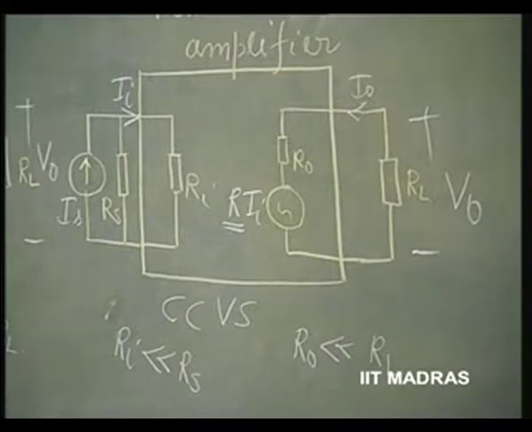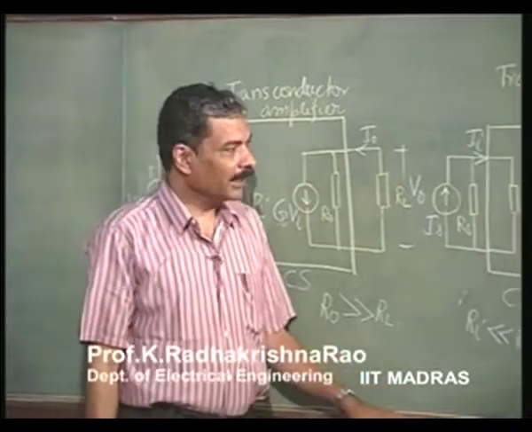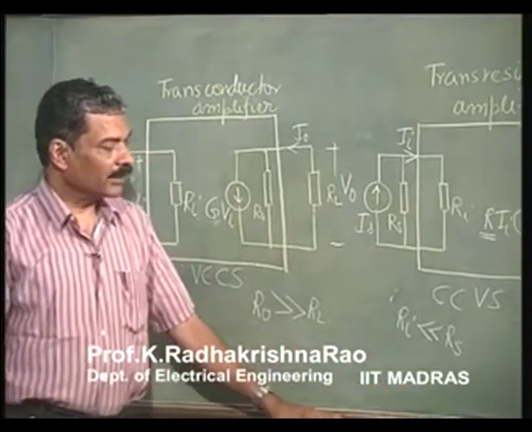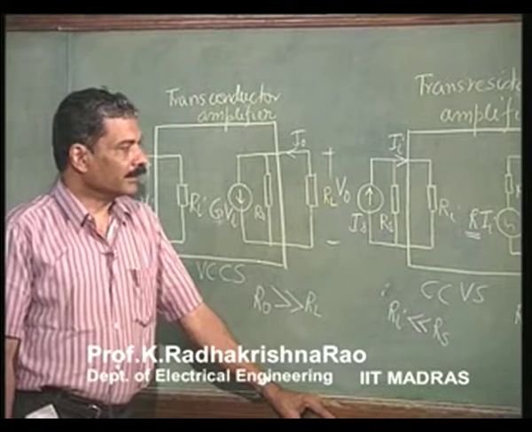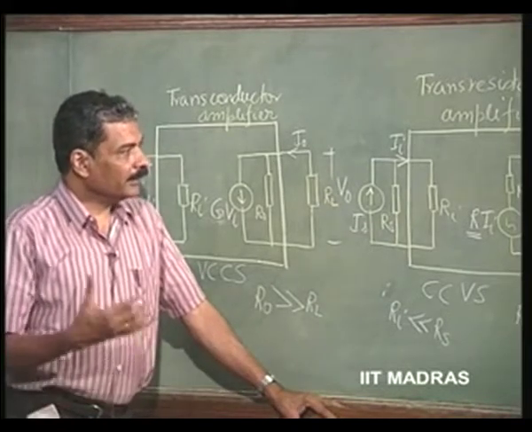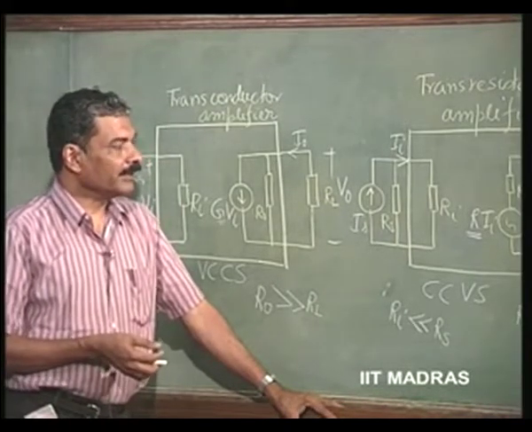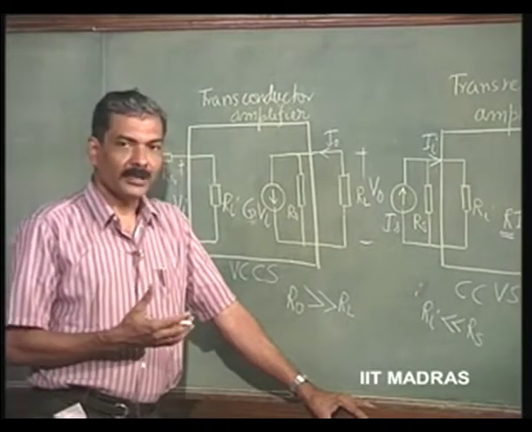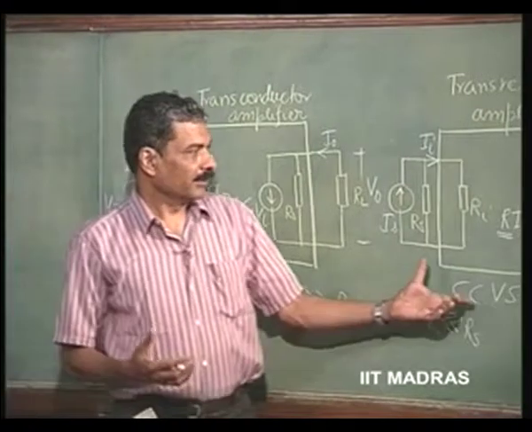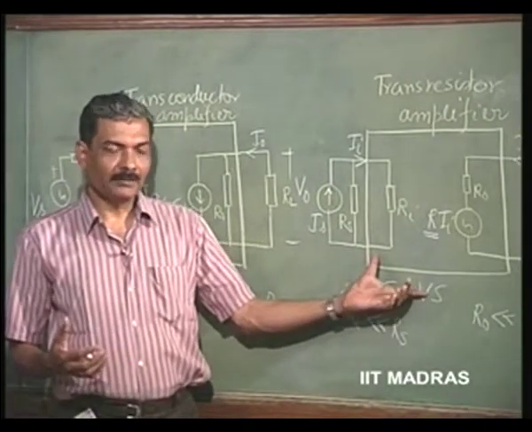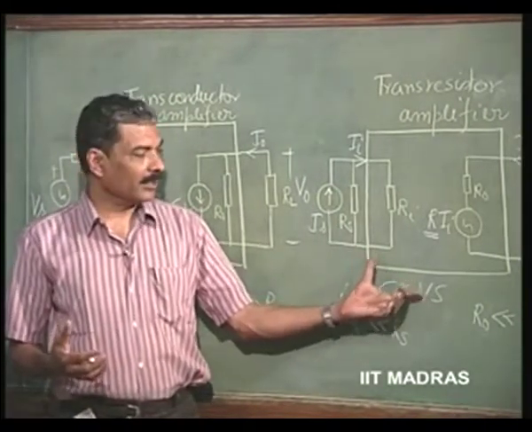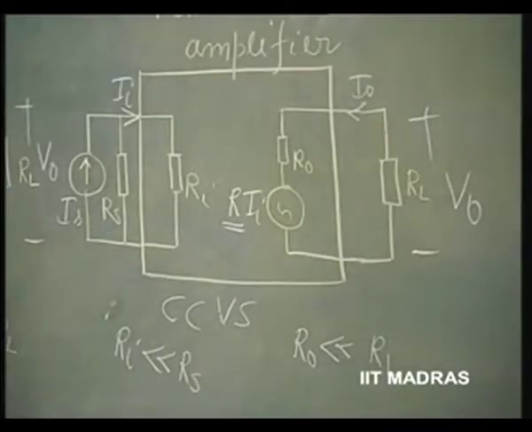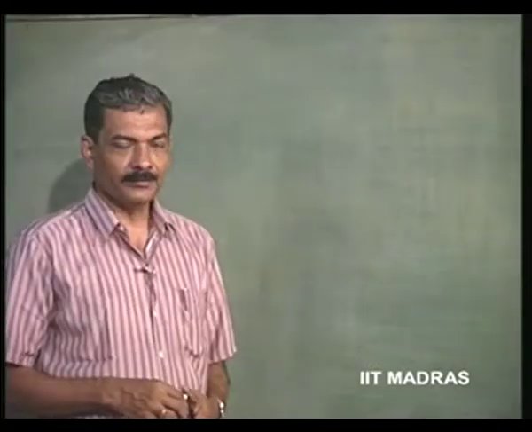Very few of the current control current source type as well as this current control voltage source type are in existence, but with the advent of new designs in integrated circuits, the current control current source has become very popular, and recently people have attempted to design current control voltage sources as well. So, traditionally we have been taught only about voltage controlled voltage source as amplifier.